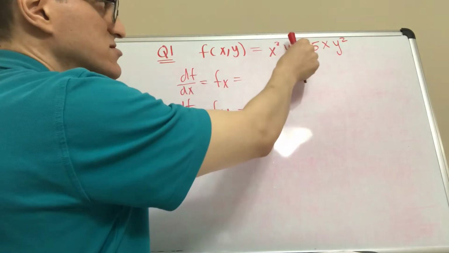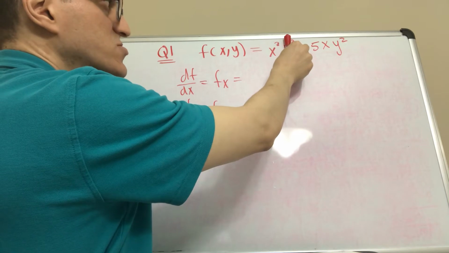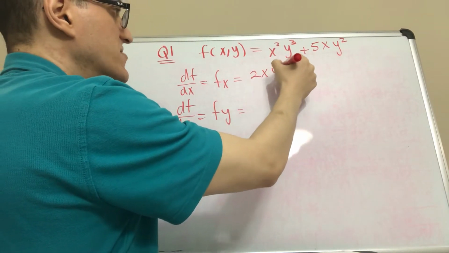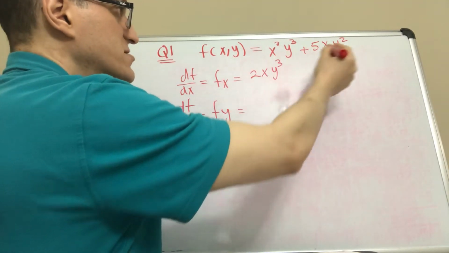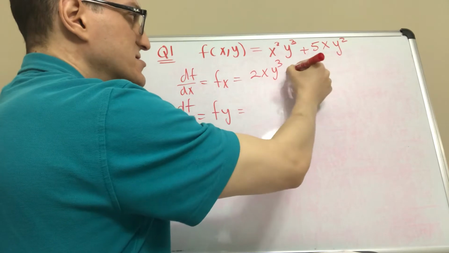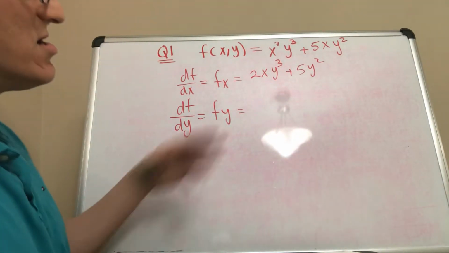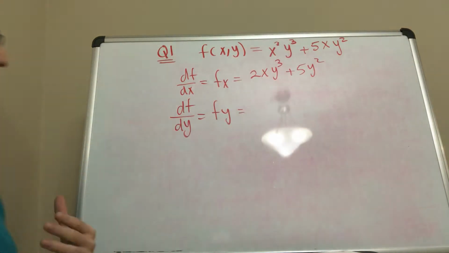The derivative of x squared is 2x. So it's 2x and a constant. The derivative of this with respect to x, now 5y squared is a constant, and as you know, a constant in front of x would be just a constant.